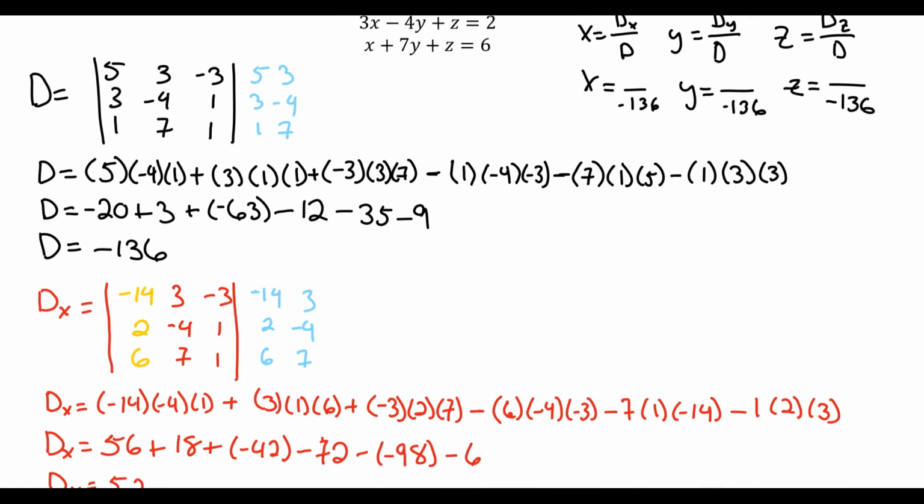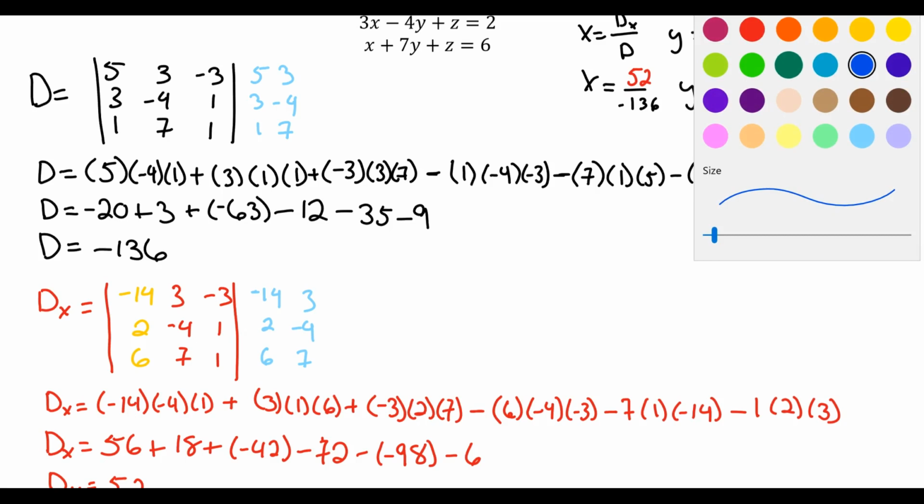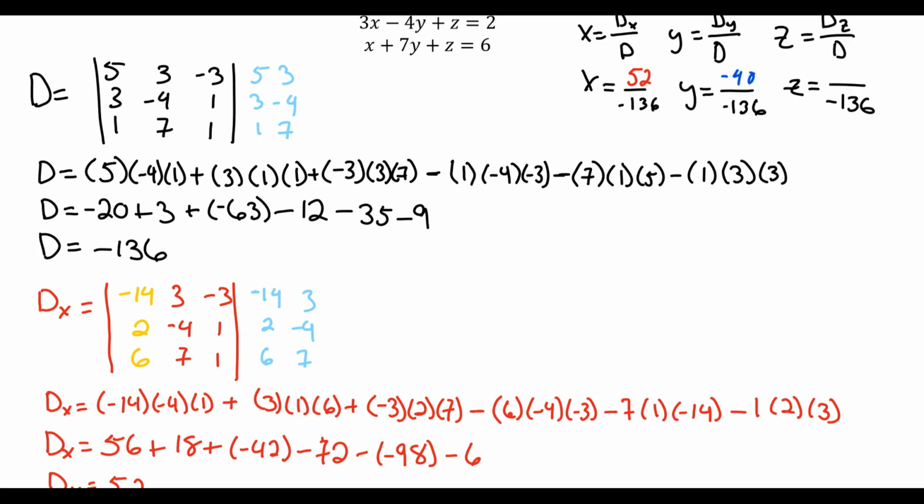Remember, it was 52. My d sub y was a -40. And my d sub z was a -588. I'm going to simplify these and leave them as fractions because they don't come out to nice pretty decimals, and I don't want to do any rounding here.